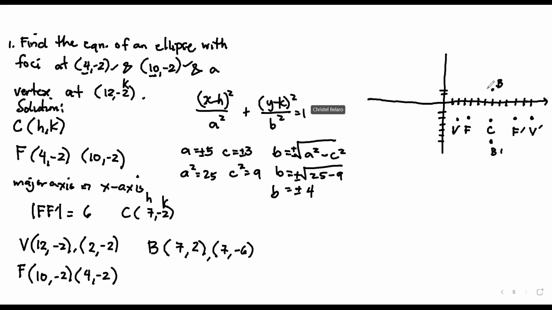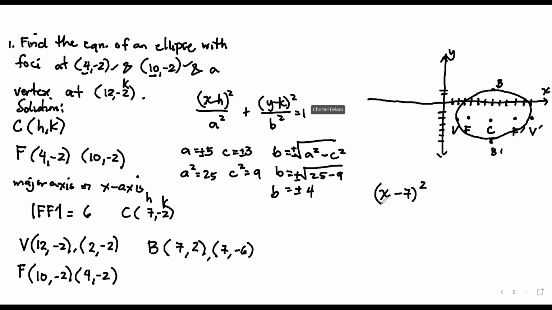And then connect the endpoints of the minor and major axes. Okay, we don't know pa pala the equation of an ellipse. So we'll have x minus h, which is 7.